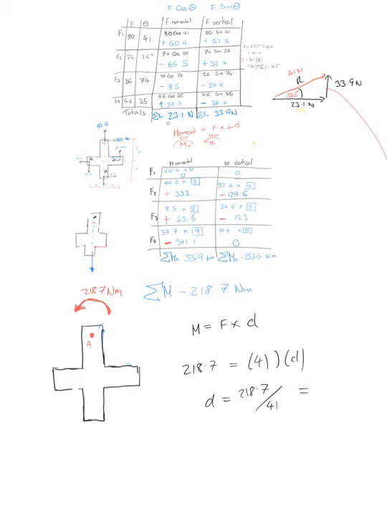D equals 5.3. So 5.3 meters away from A is where this force acts.